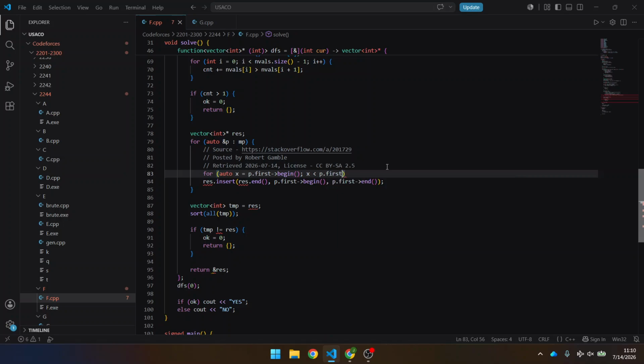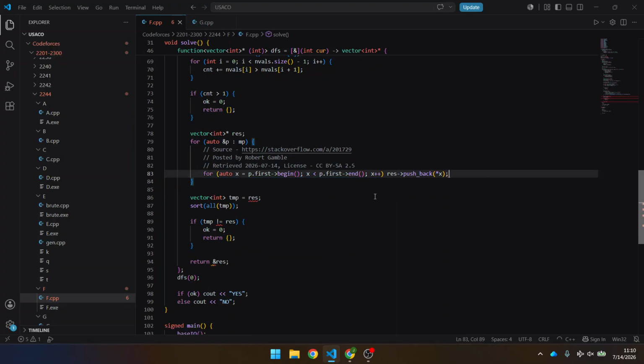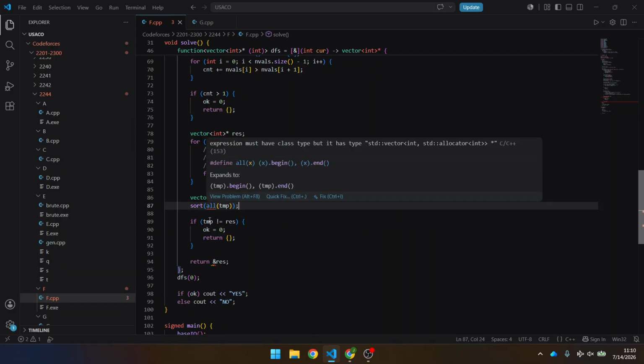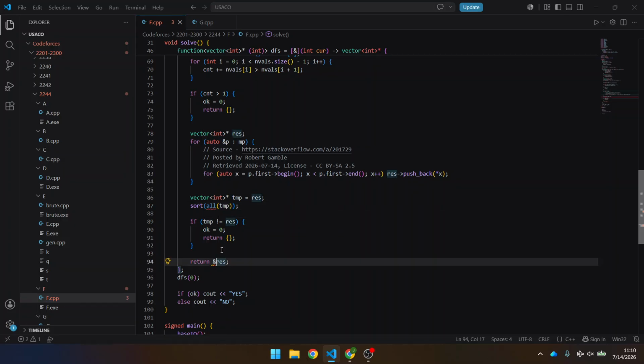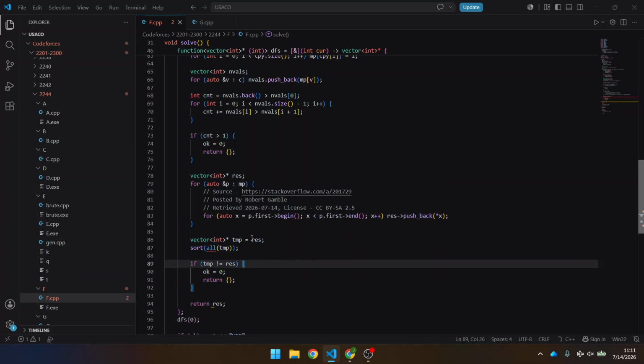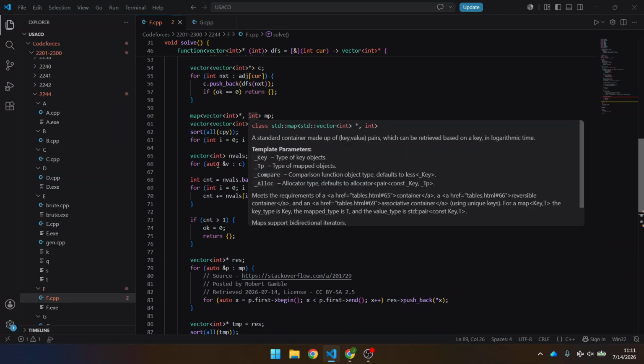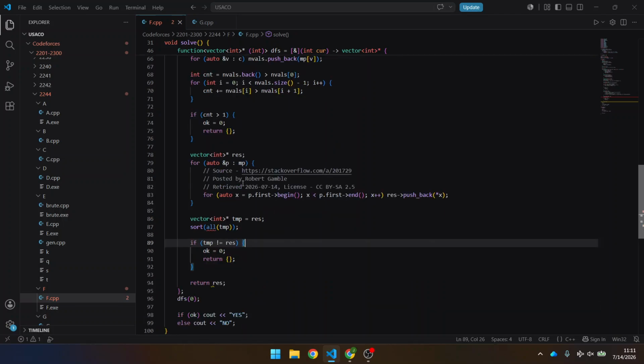For first and x plus rest, push back. Sort complete. Oh no, we did sort. Okay, did sort CPY.